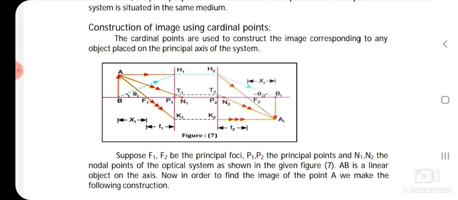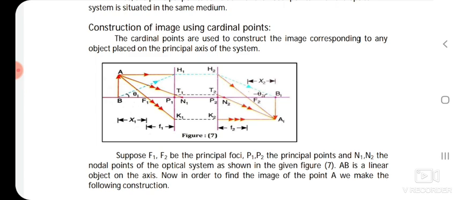But as we know, K1 P1 is equal to A1 B1 because both are parallel and have the same distance from the principal axis. That's why K1 P1 is equal to A1 B1.